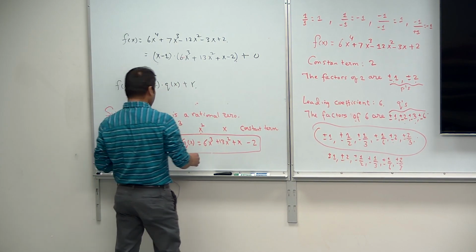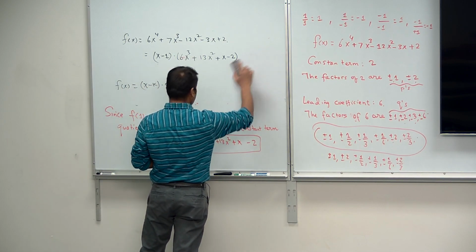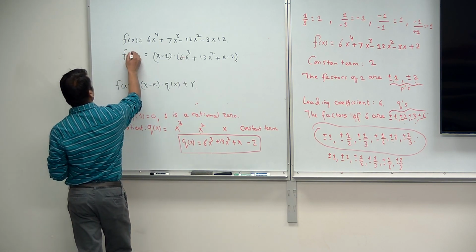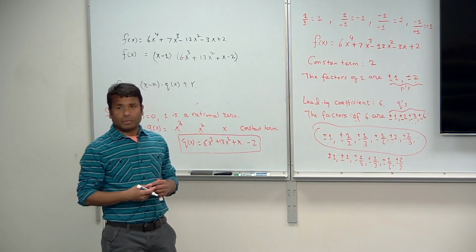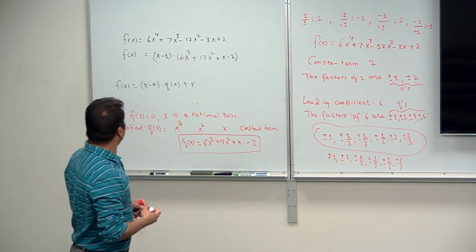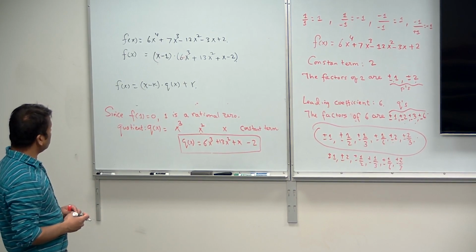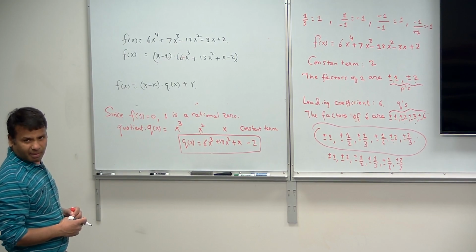So now you can rewrite this into this form. If this remainder is 0, you have to write down f(x) equal to x minus 1 times 6x cubed plus 13x square plus x minus 2. That makes sense?